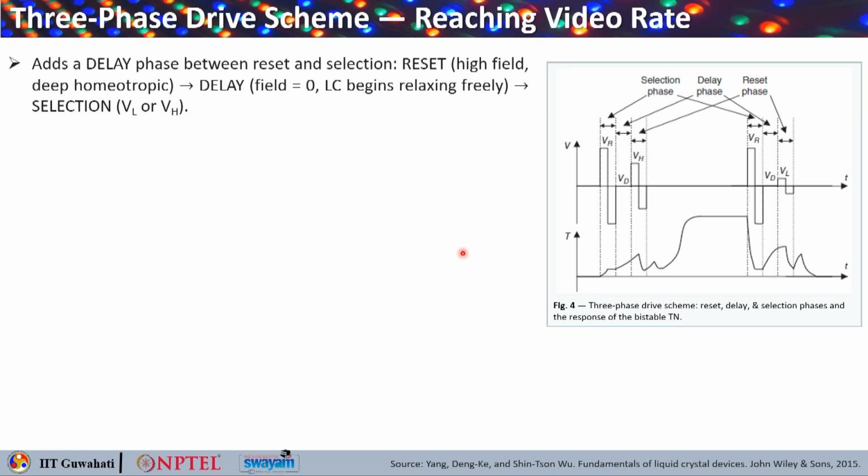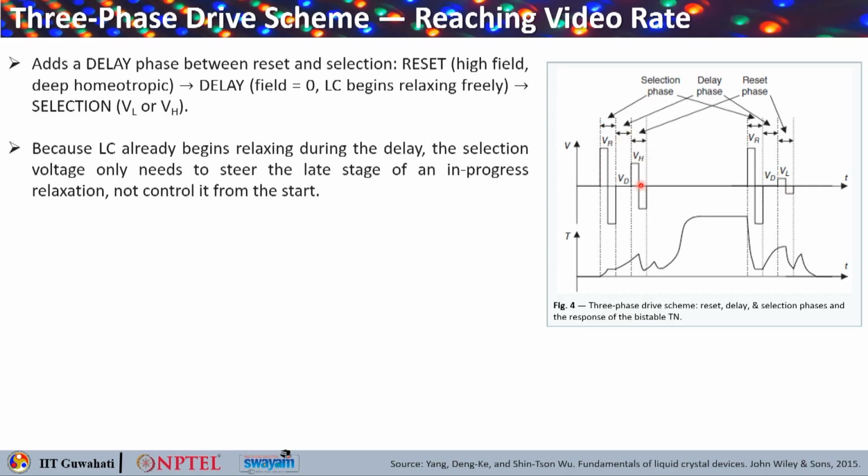Now if you think of the three phase, it adds another delay phase in between the reset and the selection phase. So in reset, what is happening? You are having high field, so you are getting the deep homeotropic, and then you have this delay where you have zero field, so your liquid crystal is relaxing freely, and after that you apply the selection pulse, that is either a VL or a VH.